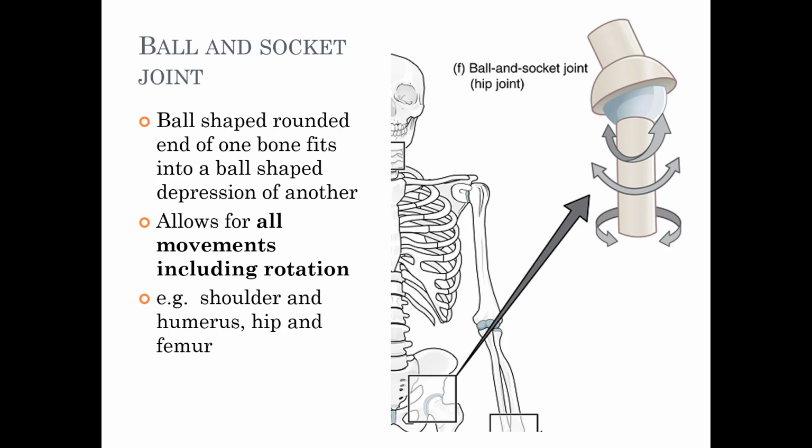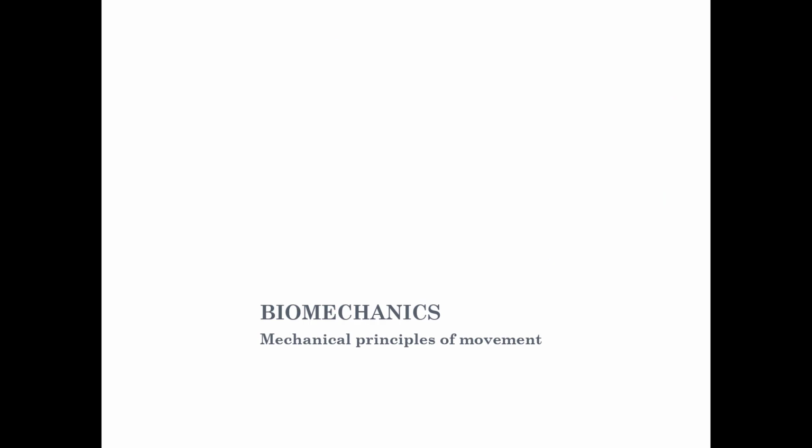Also, the femur and the ischium have a ball and socket joint as well. This allows for all movements, including rotational movement. Okay, so we can have the angular movements and circumduction and rotational movements at ball and socket joints.